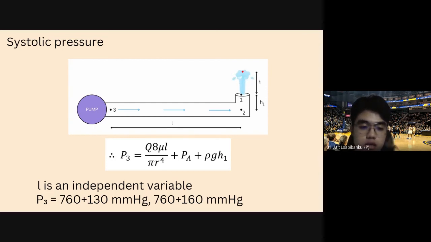This is the value that I have to adjust L to find. And when we already know what L will give us these two values, we'll just keep it. So when we connect the pipe to the pump, we will know exactly what length of pipe we will use. Next.